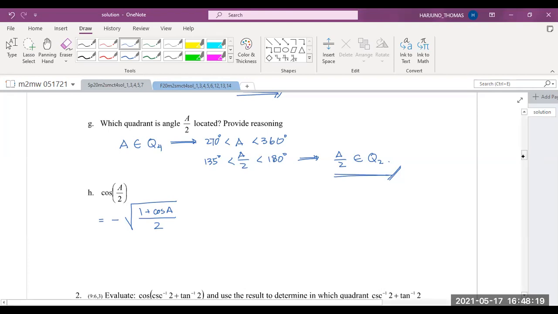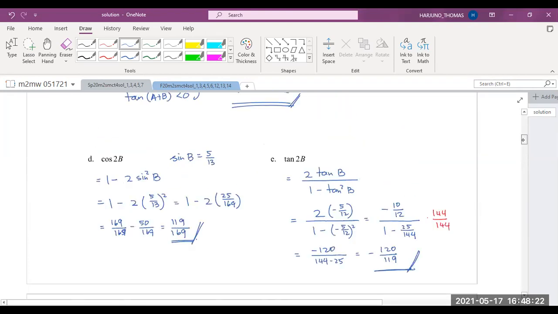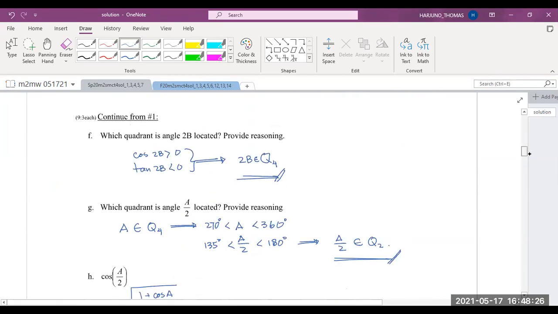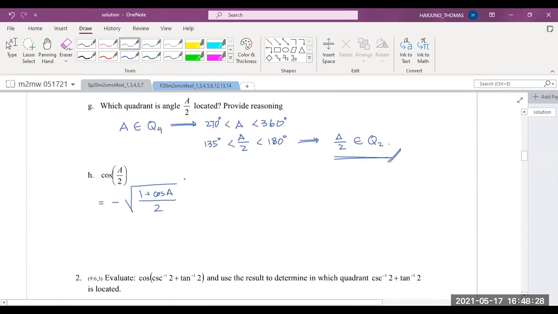Now what is cosine A again? Let me take a look. Cosine A is 4/5. So this is negative square root of 1 plus 4/5 over 2. Let me multiply the top and the bottom by 2 inside the square root.